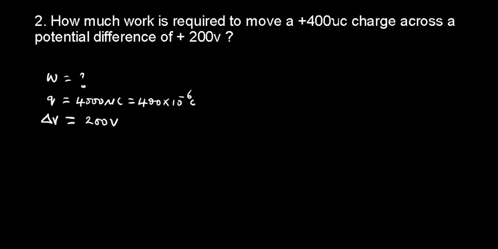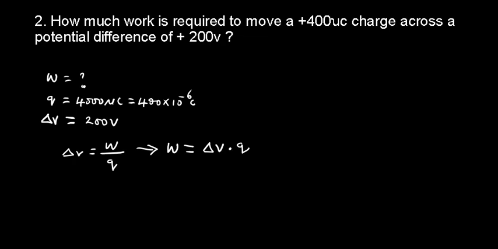So let's recall that potential difference is equal to work done per unit charge. So we are looking for the work, which is now going to be potential difference multiplied by the charge.